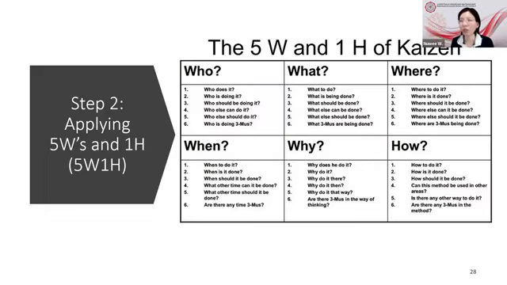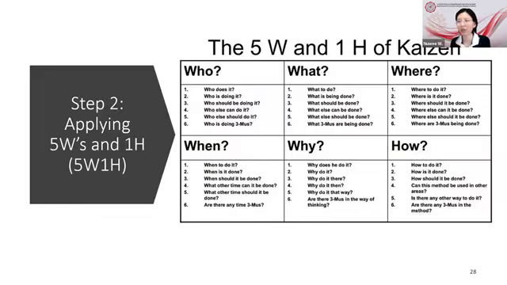What to do? What is being done? What should be done? What else can we do? What is it about? What problem is it? Where? Where do we do it? Where is it done? Which location, right? It's about where. When to do it, when is it done, when should it be done, right?